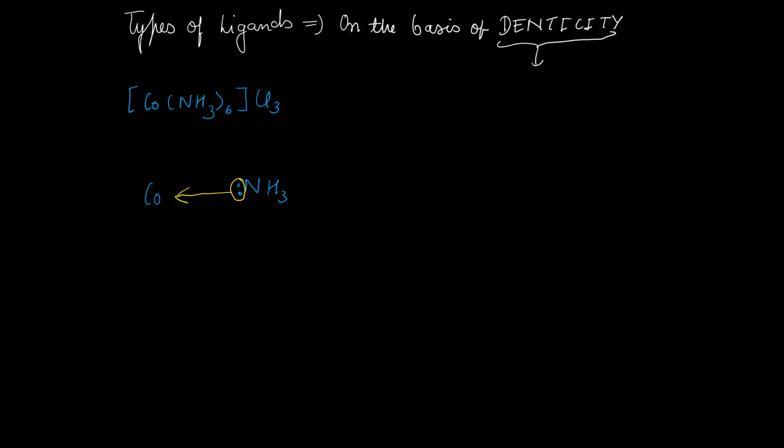One coordinate covalent bond is formed by ammonia molecule, since this ammonia molecule has only one donor atom, right? Ammonia has only one donor atom, that is nitrogen, and only one is involved in bonding, so its denticity will be 1.